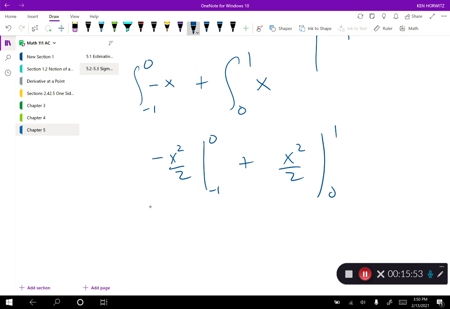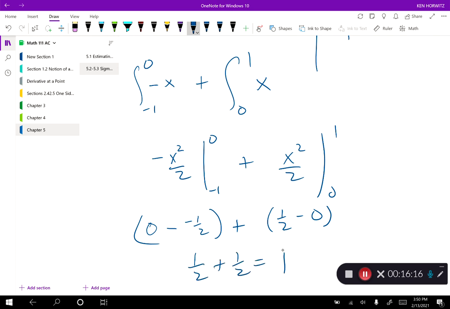So plug in 0, so I get 0 minus -1/2, plus, now I'm plugging in 1, so I get 1/2 minus 0. So then I get 1/2 plus 1/2, which equals 1.